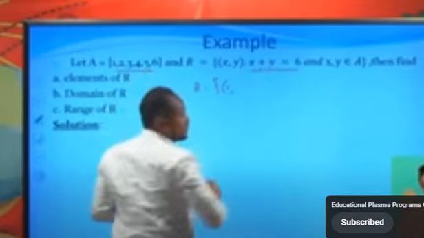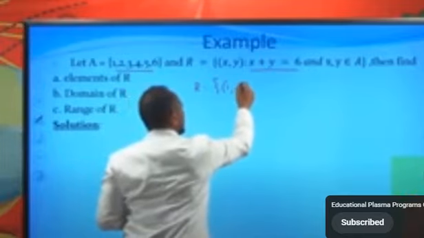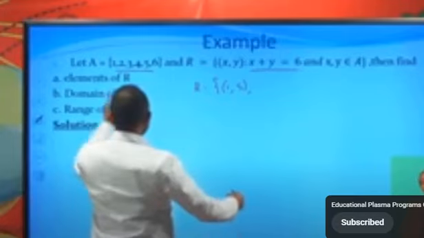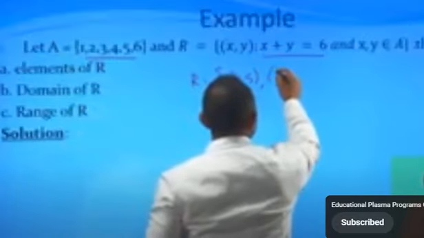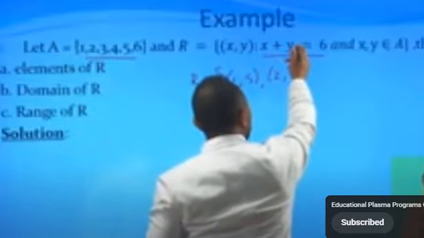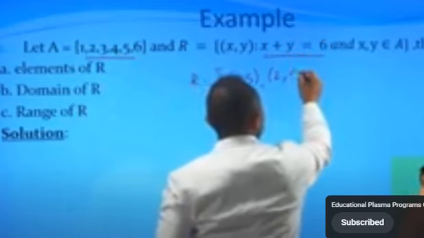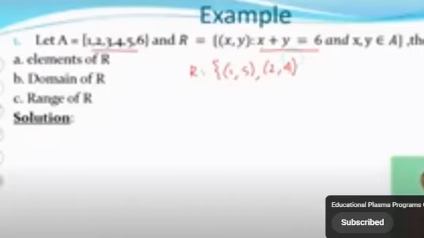We have 5 in A. So (1, 5) is one element of R. And if you take 2, 2 plus y is 6, y must be 4. 4 is in A. So (2, 4) is another element.